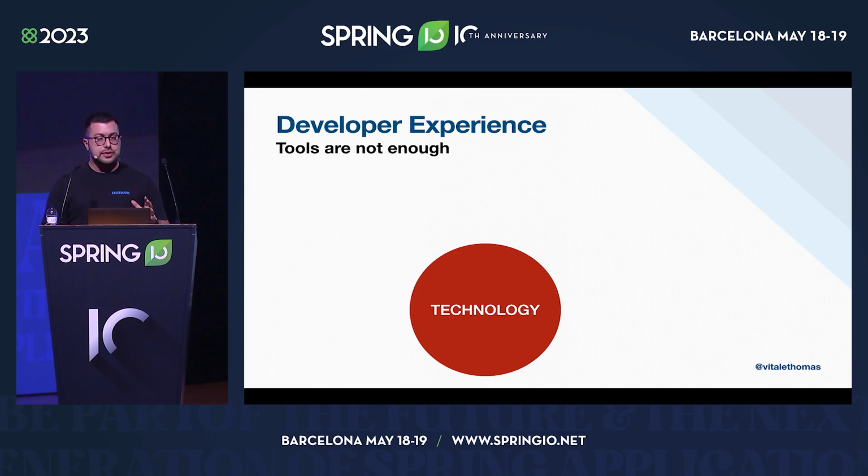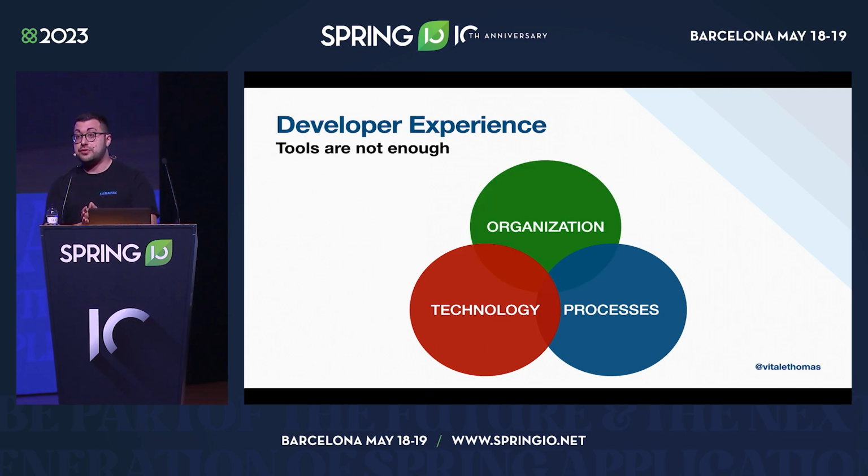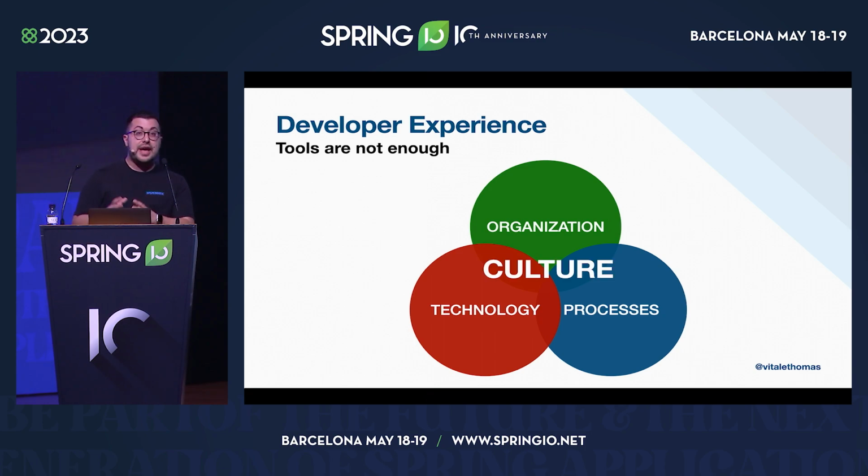But it's important to understand that we also need the right processes in order to support the use of that technologies. Technology alone doesn't solve problems. The way we use it, the processes around the technology, is also a critical part. And ultimately, how the organization is structured, how the people interact with the technology and follow the processes is also a key part of the equation. So overall here we're talking about developer experience as a culture.